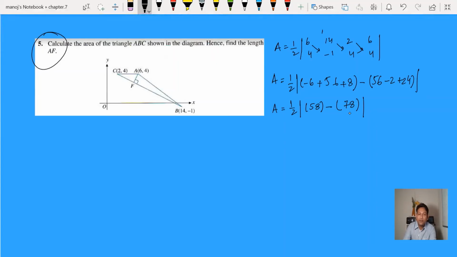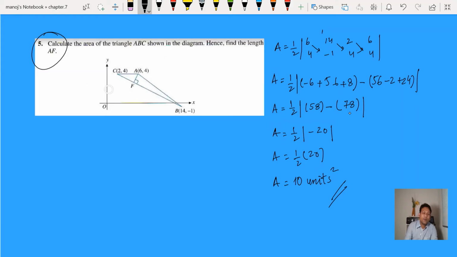So this is a very good example, we are having a negative value because of this calculation. It's coming minus 20. Then we do the subtraction, coming minus 20. So this minus 20 will become positive 20 because this modulus sign means we always have to give the answer positive. So area is coming 10 units squared.